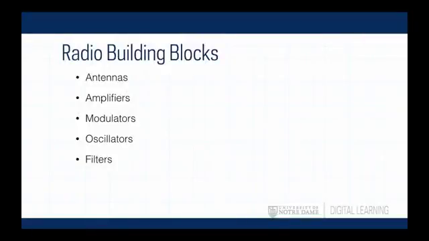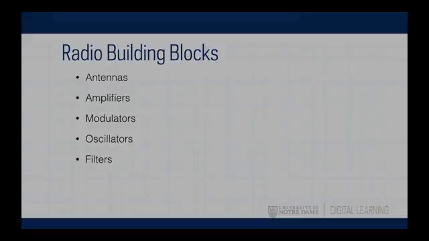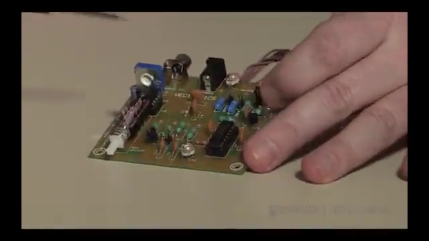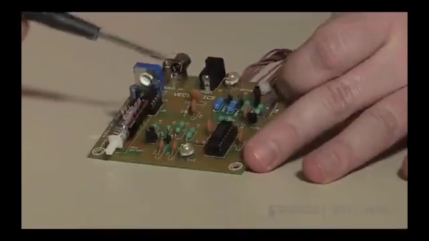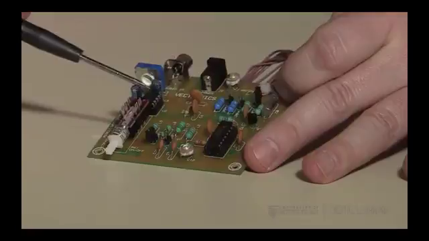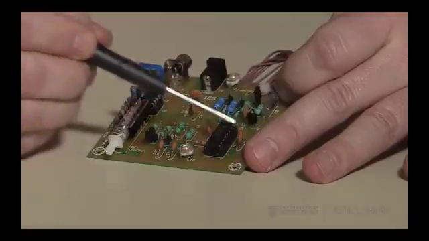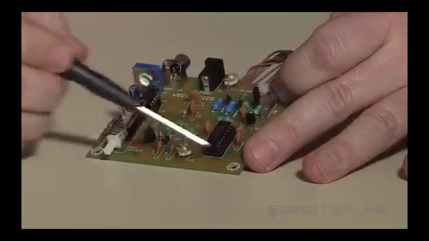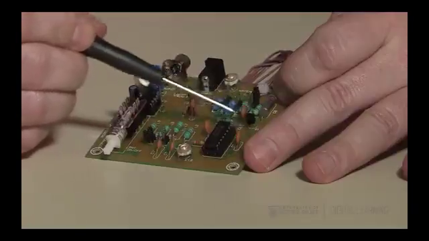Radios include common building blocks like antennas, amplifiers, modulators, oscillators, and filters. To illustrate in this AM transmitter kit, the information signal comes in through this connector and is amplified by an audio amplifier. It's then modulated using this oscillator circuit and an amplifier.